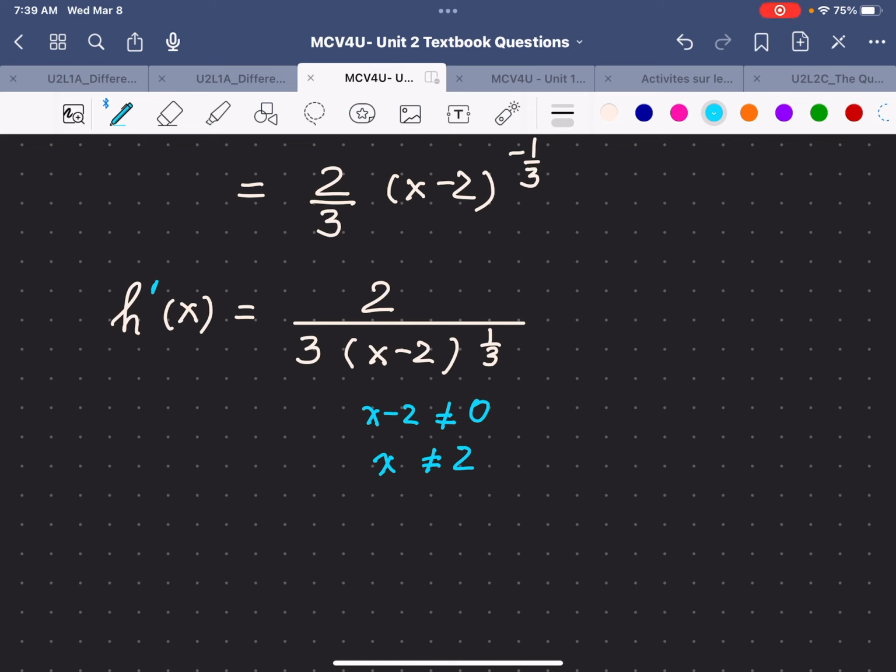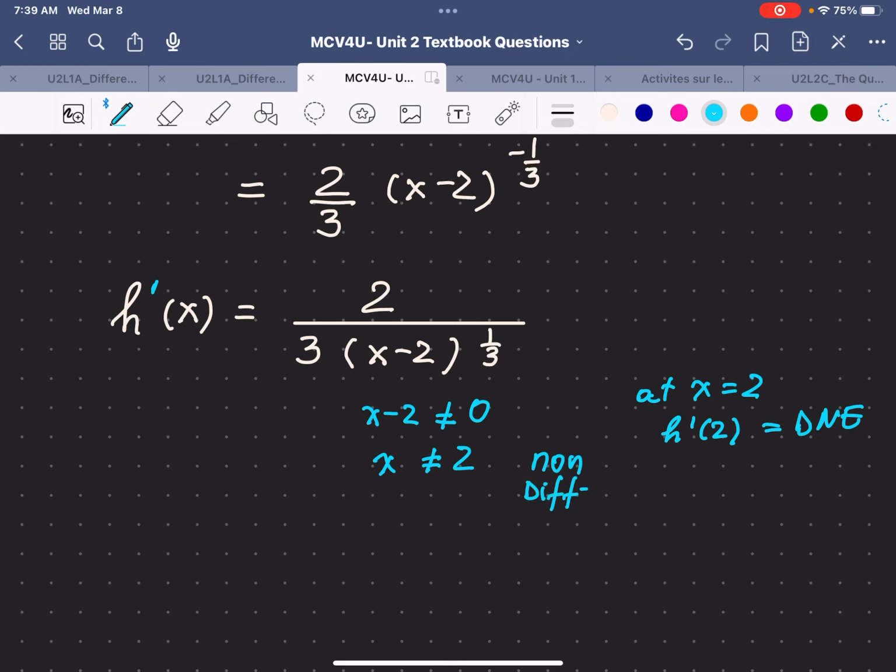So we're going to say that at x equals 2, the derivative h prime of 2 doesn't exist. So this would be the point where the function is non-differentiable. At x equals 2, the function is non-differentiable.